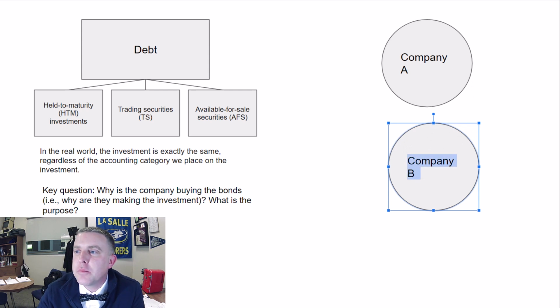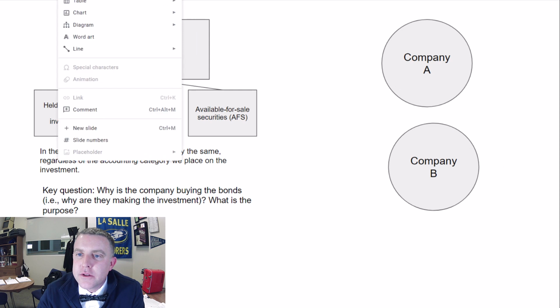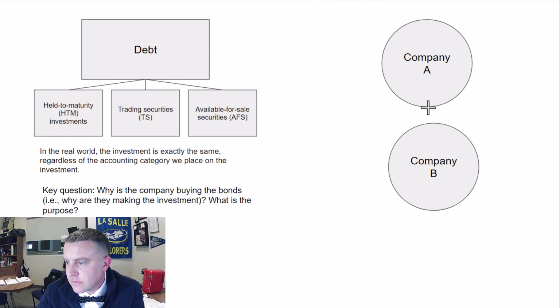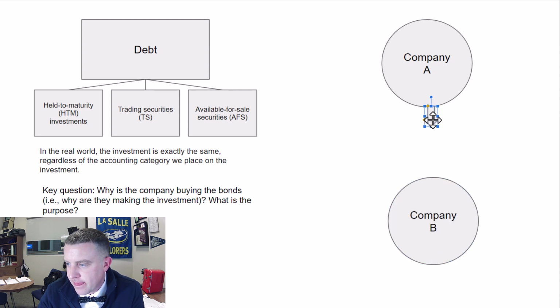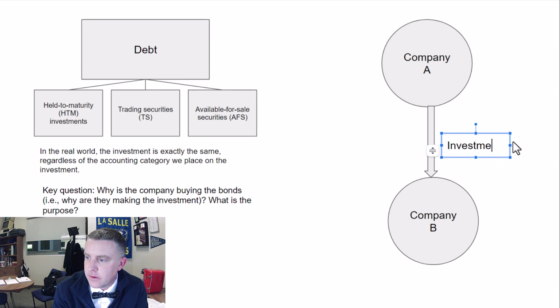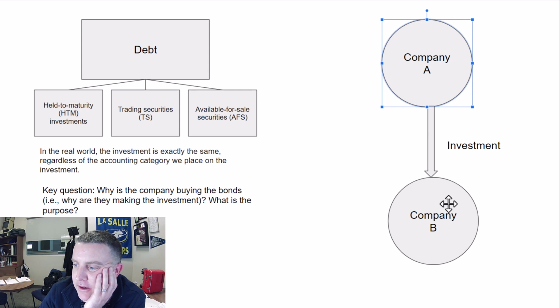Let's clean this up a bit. And let's put in another shape here. Okay. And then we'll just say investment. Okay. All right. So we have company A making an investment in company B.